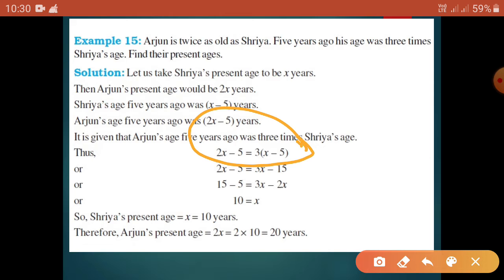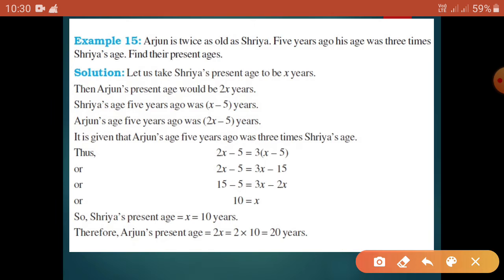So we are getting 3x, and then 3 into minus 5 gives minus 15 on the right side. So we are getting 2x minus 5 equal to 3x minus 15. Now we are taking constants on one side and all the variable parts on the other side.